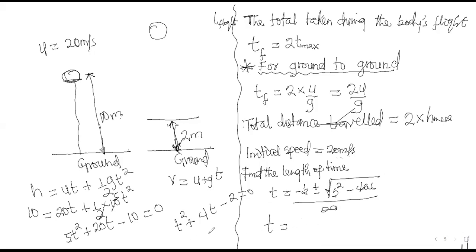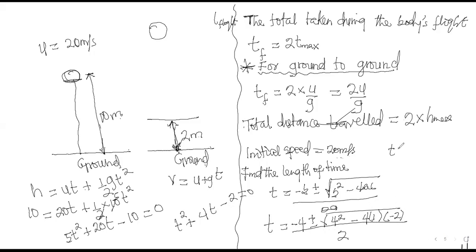So B is equal to minus 4, plus or minus root of 4 squared, which is 16, minus 4 times A, which is 1, times C, which is negative 2, all divided by 2.